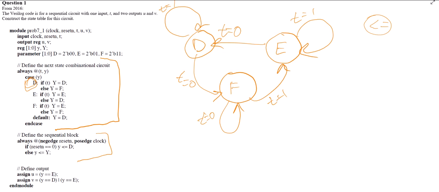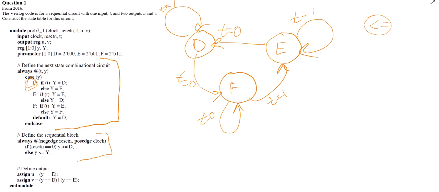Now we get to the sequential block, and the sequential block is at either the negative edge of reset in, that means you pressed the reset in button, or the positive edge of the clock. So if reset in equals 0, that's the same as saying if not reset in, that actually means you want to reset.